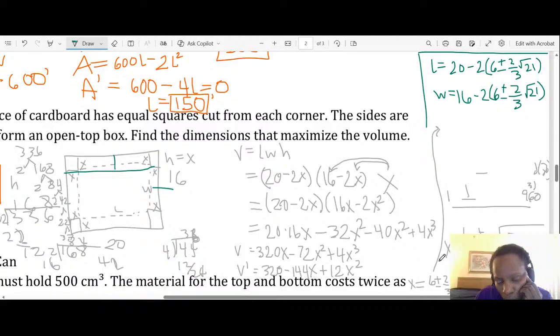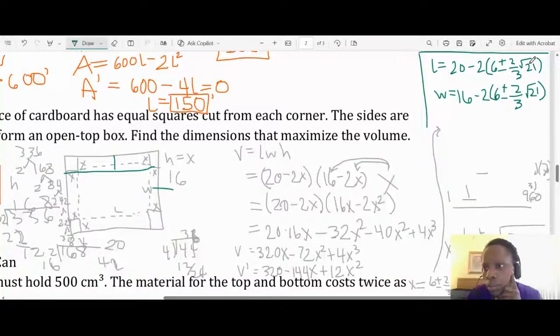It can't be more than, well, L, 20 minus 16. It can't be that. L can't, well, it's possible. 20 minus 16 is like 4. Okay. If we subtracted 8/3, then we'd be close to 2 times, right?